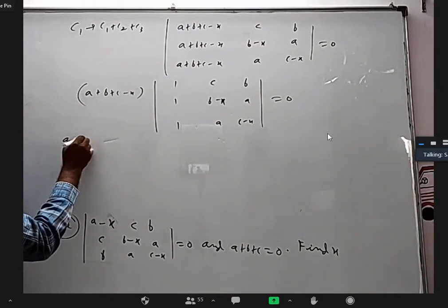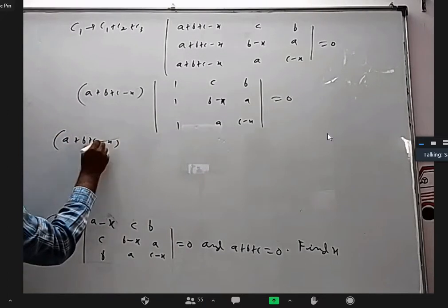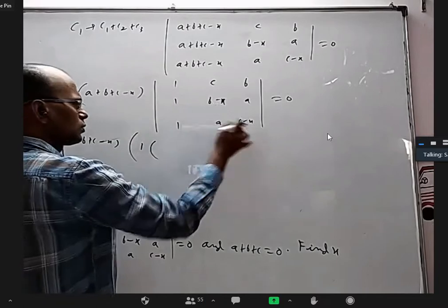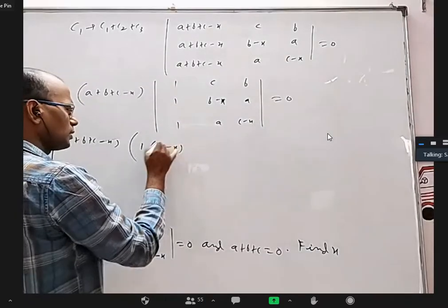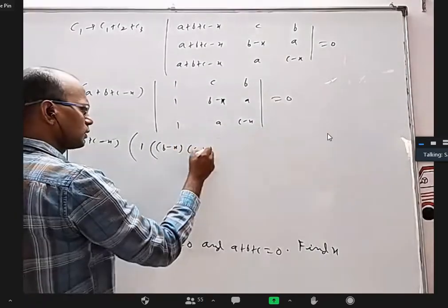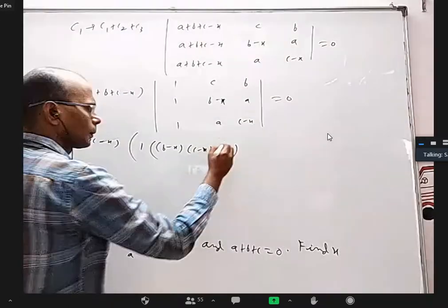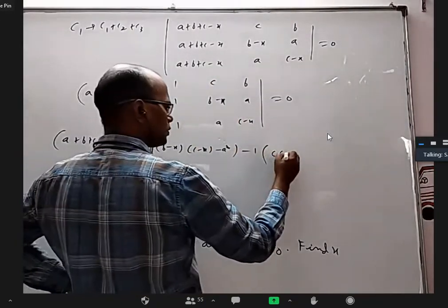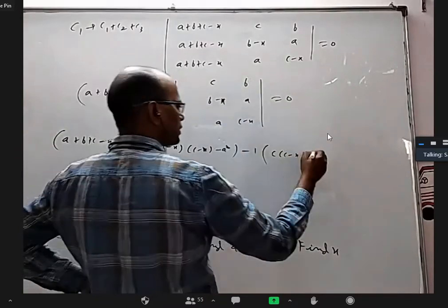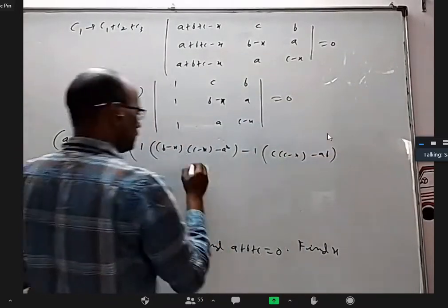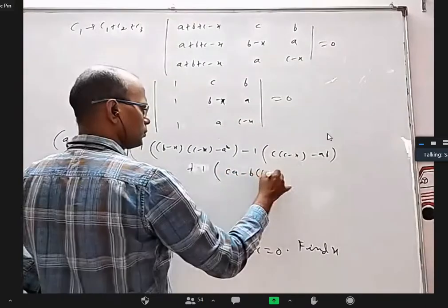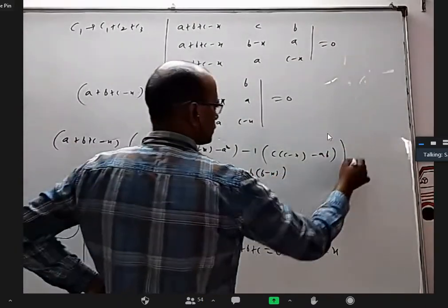So a plus b plus c minus x. I want to expand using the first column. 1 into this: b minus x into c minus x minus a square. Minus 1 into this: c into c minus x minus ab. Plus 1 into ca minus b into b minus x equal to 0.